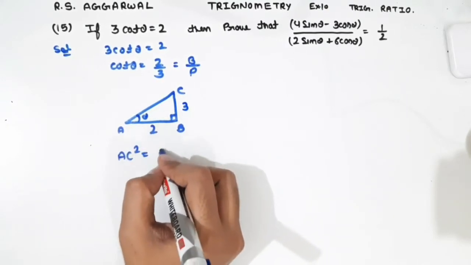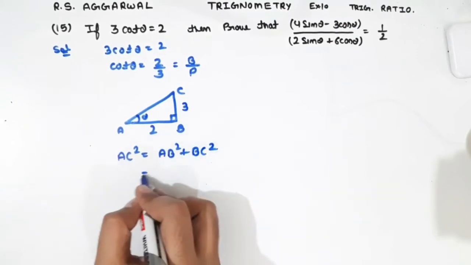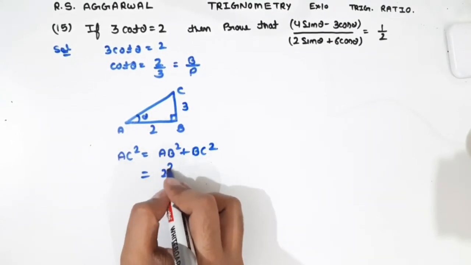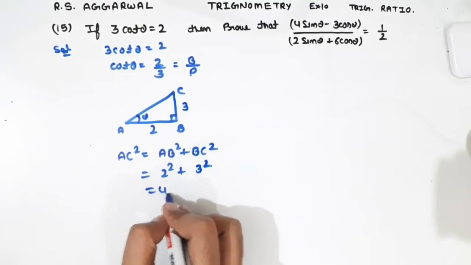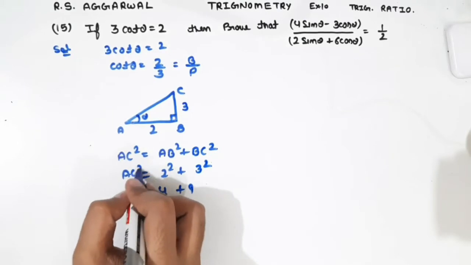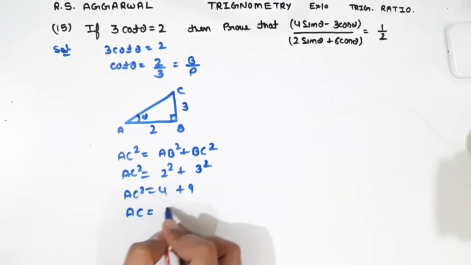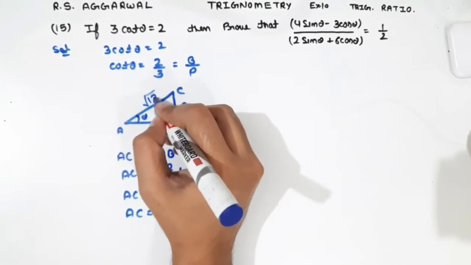AC square will be AB square plus BC square. So our AB is 2, so 2 square plus BC is 3, 3 square. So 4 plus 9 equals to AC square. So from here AC will be under root 13. So our hypotenuse will be under root 13.